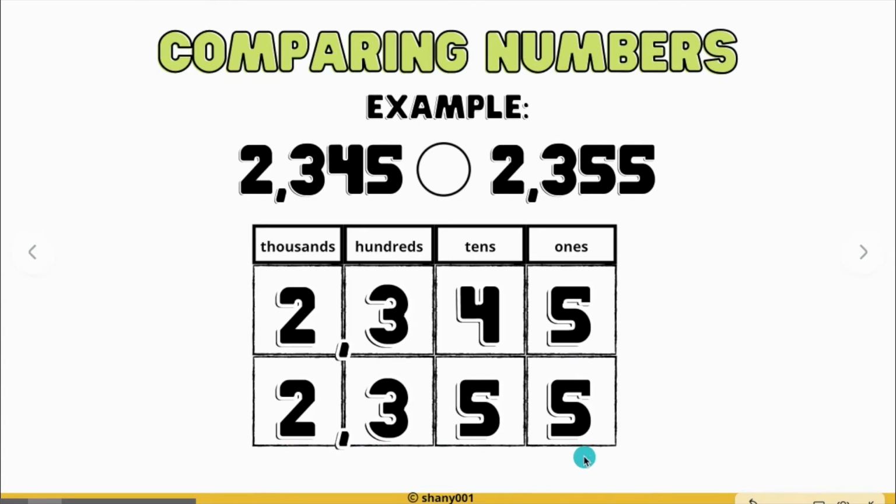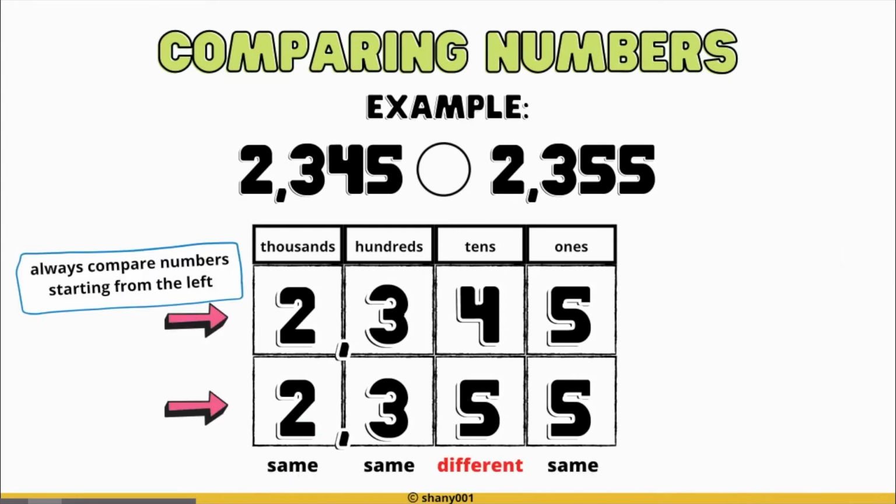We have 2,355. Now we will go ahead and start from the left, and we will look at the numbers. So this is same, same. This is different. We have a 5 here, we have a 4 here. That's different. And then this is the same. So what do you notice?